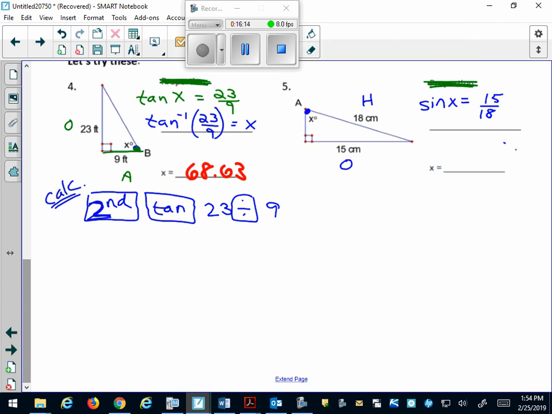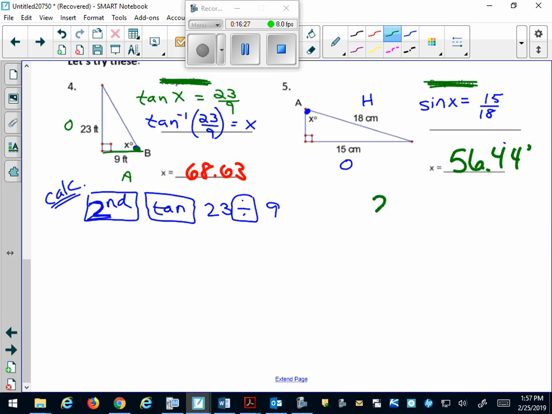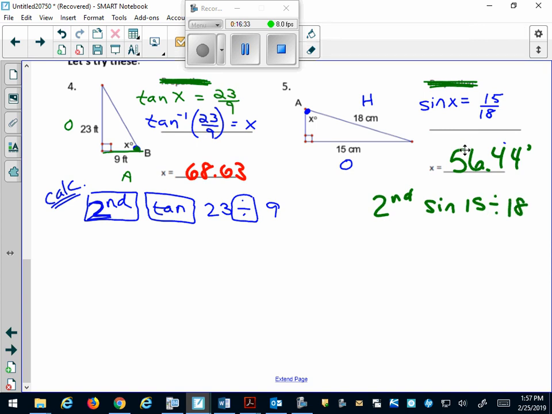So try to do this on your calculator. Raise your hand if you have any questions. 56.44 degrees. Everybody get that? So you're going to do second sine 15 divided by 18, the inverse sine. Whenever you are looking for the angle measure, you've got to remember angle measure means inverse button.